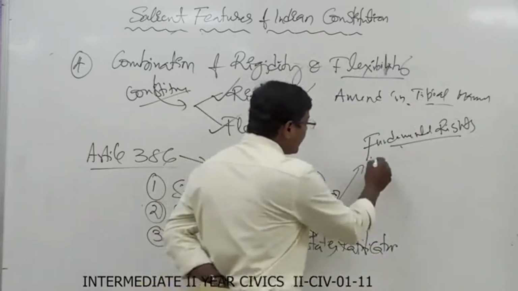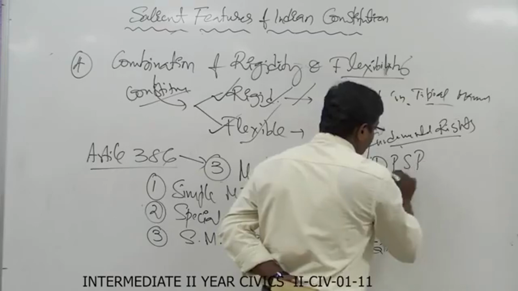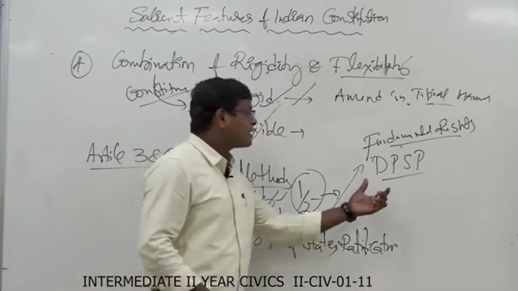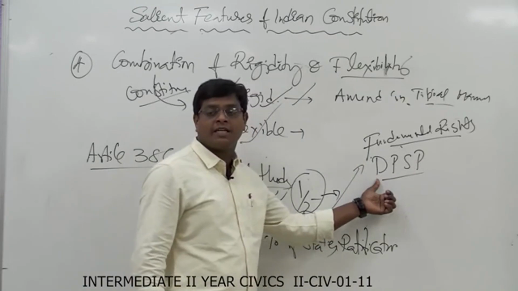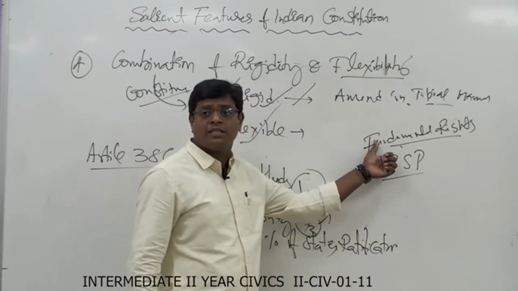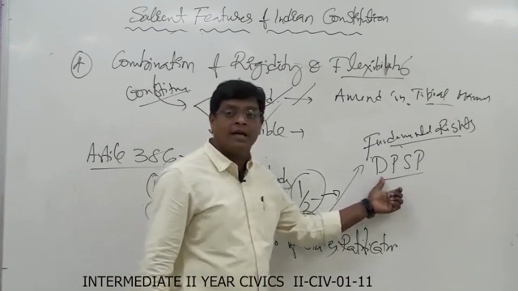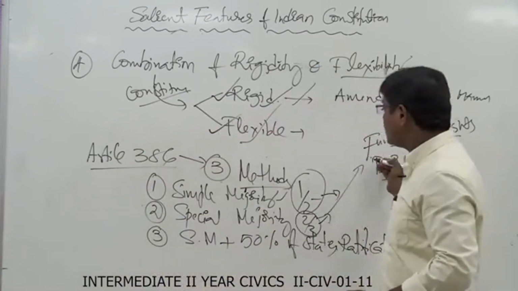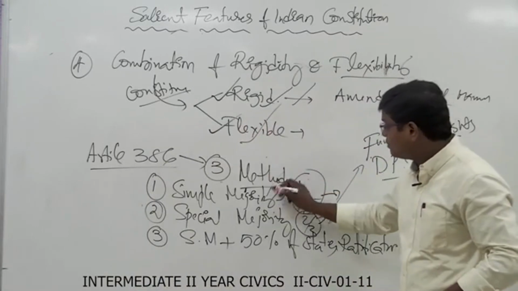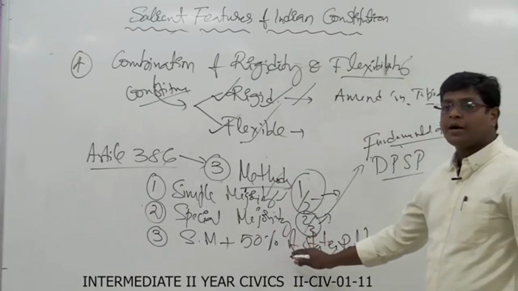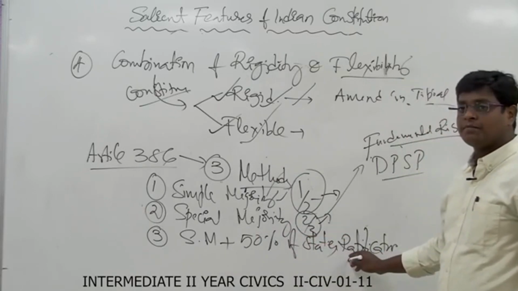At the same time, Directive Principles of State Policy also require a two-third majority. And the remaining provisions, which do not come under simple majority and special majority with 50% states ratification, also come under this.